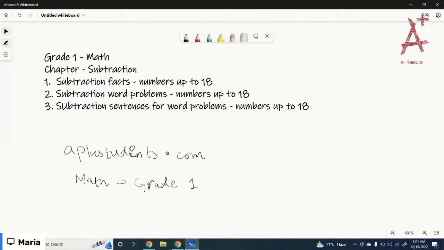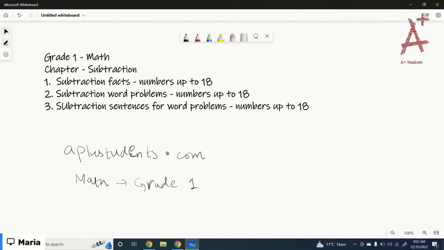Got it? So we're going to start with the chapter subtraction. Here is the list of lessons we're going to cover today. They are subtraction facts, numbers up to 18; subtraction word problems, numbers up to 18; subtraction sentences for word problems, numbers up to 18.